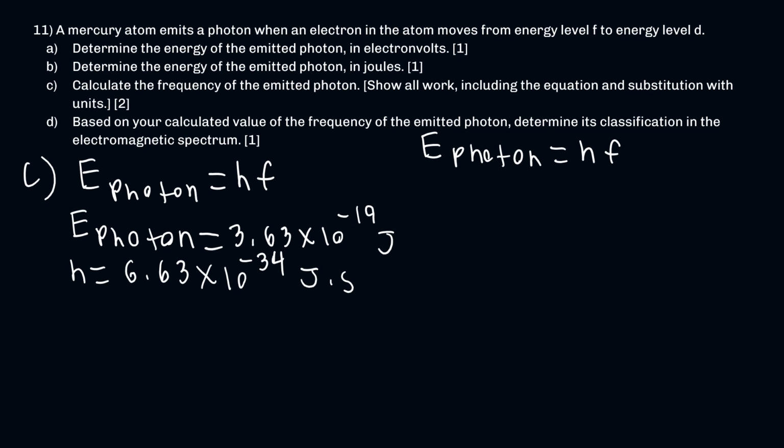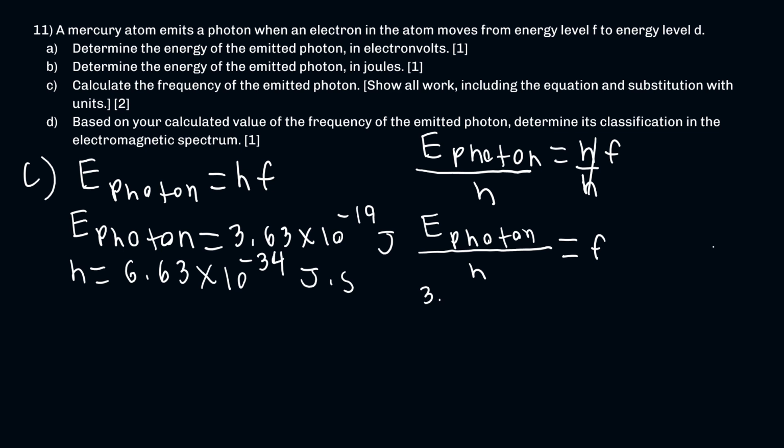So do the opposite here and divide out h from both sides. So I should have energy of the photon over Planck's constant is equal to my frequency, which then now I just have to plug in my numbers.